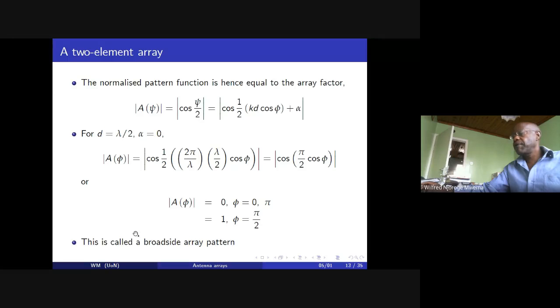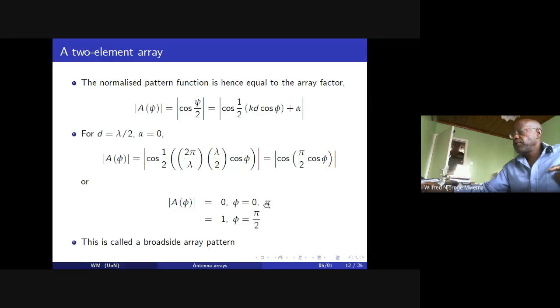And therefore, we call it a broadside array pattern because if you assume it's a ship, long ago in the days of the buccaneers and the like, that is the pirates, you had ships that had cannons arranged along the long side of the ship.